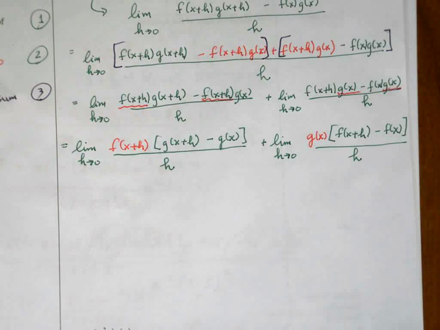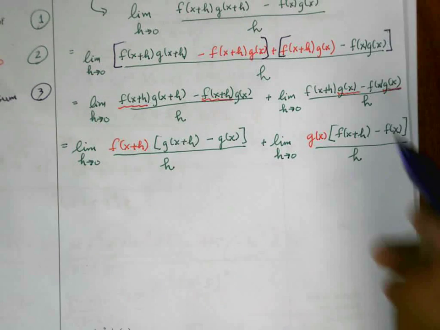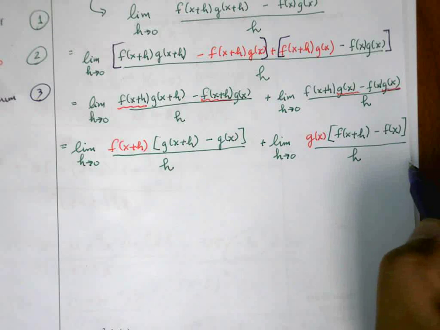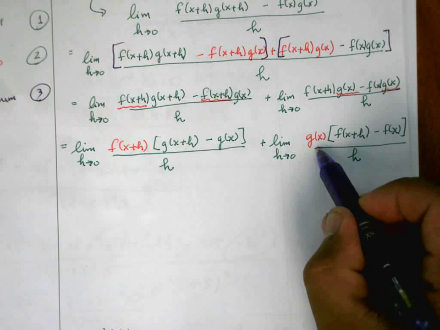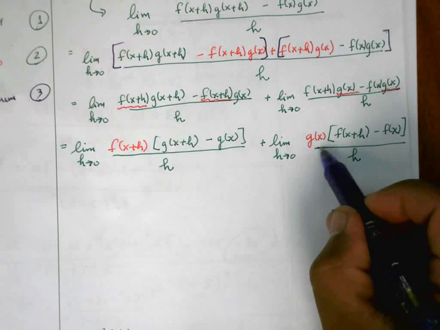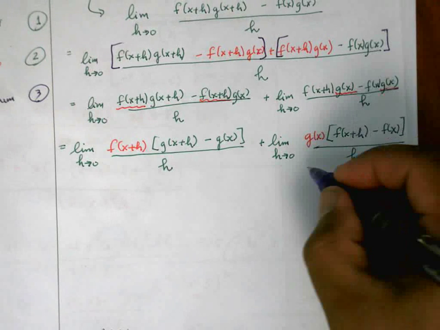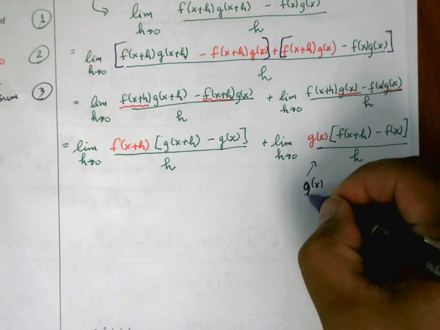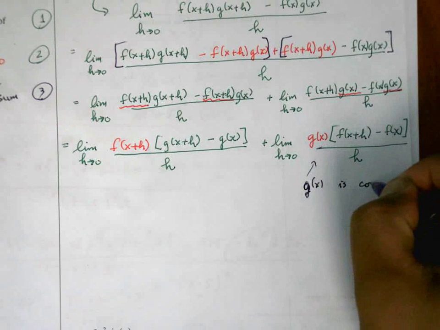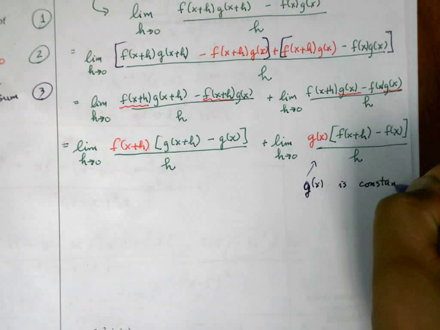If you look at, say, just the right term here, you see that g of x is constant with respect to h, because g of x does not depend on h at all. It is constant with respect to h, since it is not influenced by h.